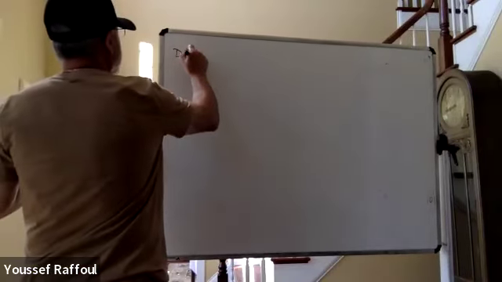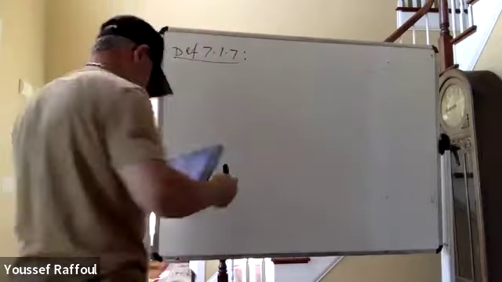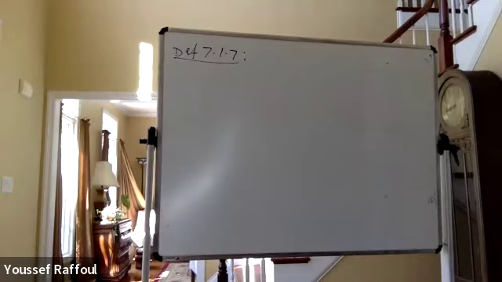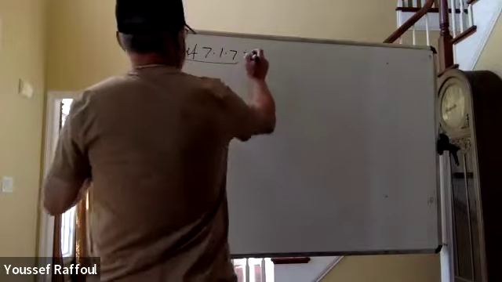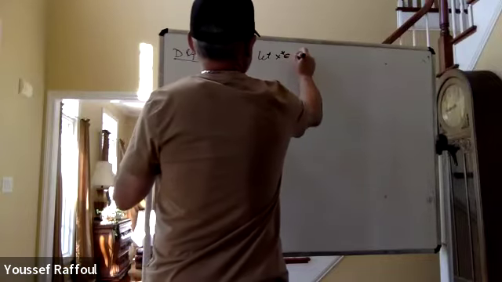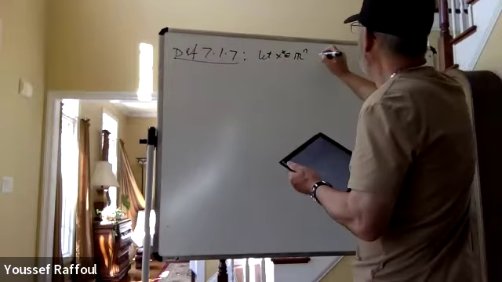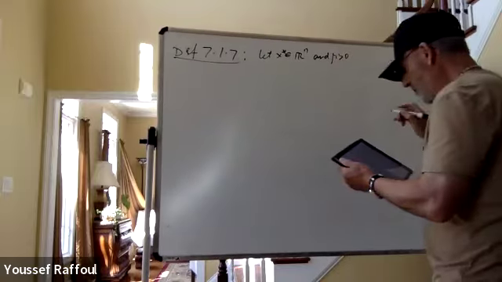Definition 7.17. Let X star be in Rn. It does not mean it's an equilibrium solution. And R is positive.